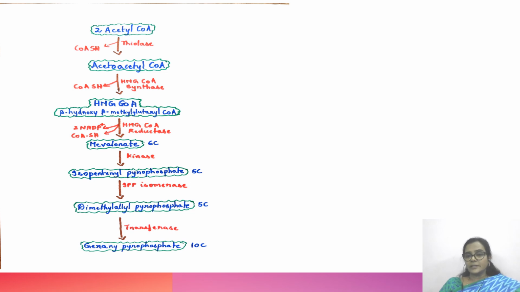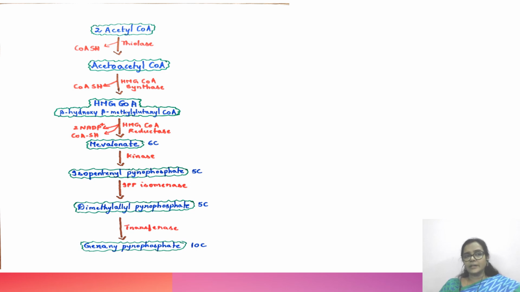So this acetyl-CoA is the precursor for cholesterol synthesis. And this acetyl-CoA is a 2 carbon compound. From this 2 carbon compound, 27 carbon cholesterol is going to be formed.